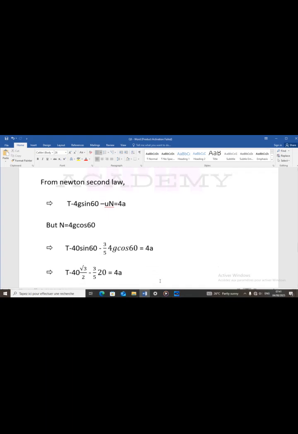In that case, you have T minus 40 sin 60, which is 3 on 2, minus 3 on 5 times, okay, now g was found to be 10, so here we're going to have 40. Then cos 60 is half, so 40 times half, you're going to have 20, is equal to 4a. Hope this point is clear. This is actually algebra.